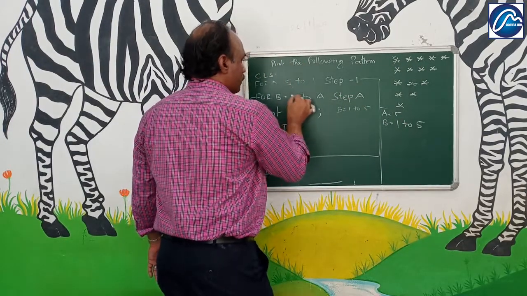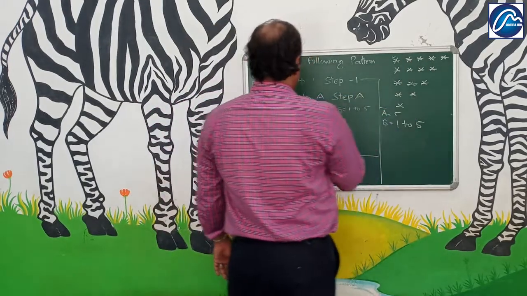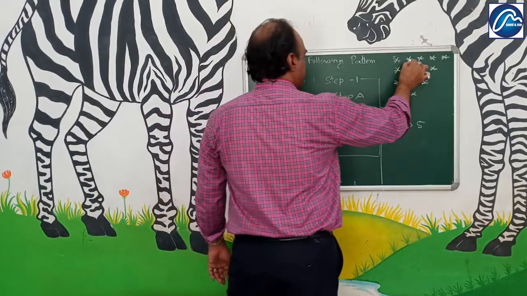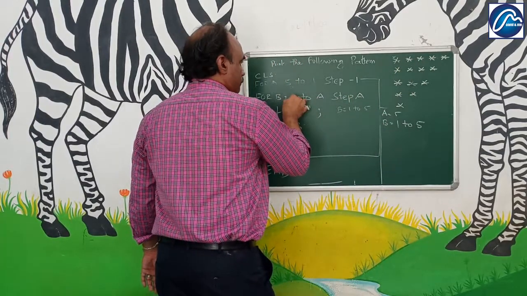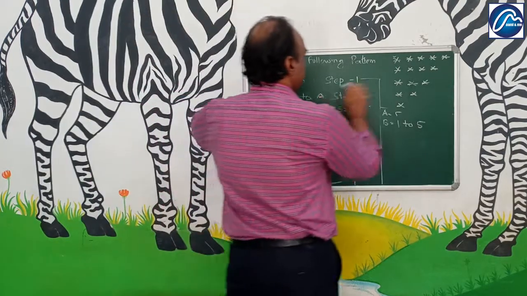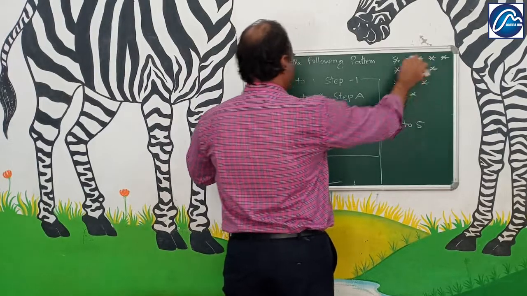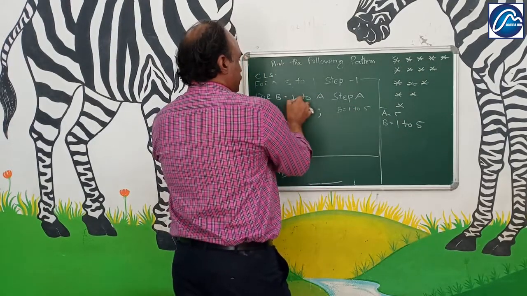Next B. What is the value of B here? 2 to 5. Again it comes down, the next printing happens. Again it goes up. Next B. What is the value of B here? 3. Again the third printing takes place. Next B, it goes up.